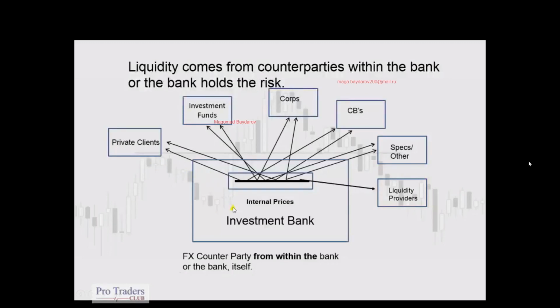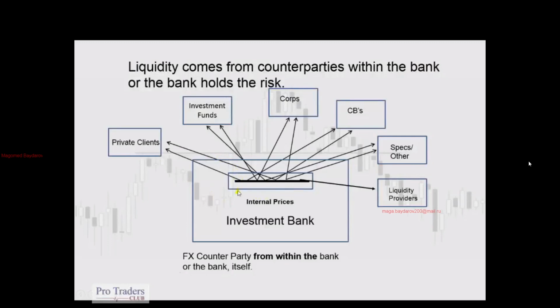So the bank's going to use their liquidity, maybe offset the liquidity with a counterparty or internally, and make the transaction. And every single independent entity is going to have a different agreement with the bank in terms of accessing their liquidity and the costs of their liquidity. So when the bank deals internally, although they are quoting interbank prices, they can effectively spread it as wide as they choose, or as wide as the client would tolerate.